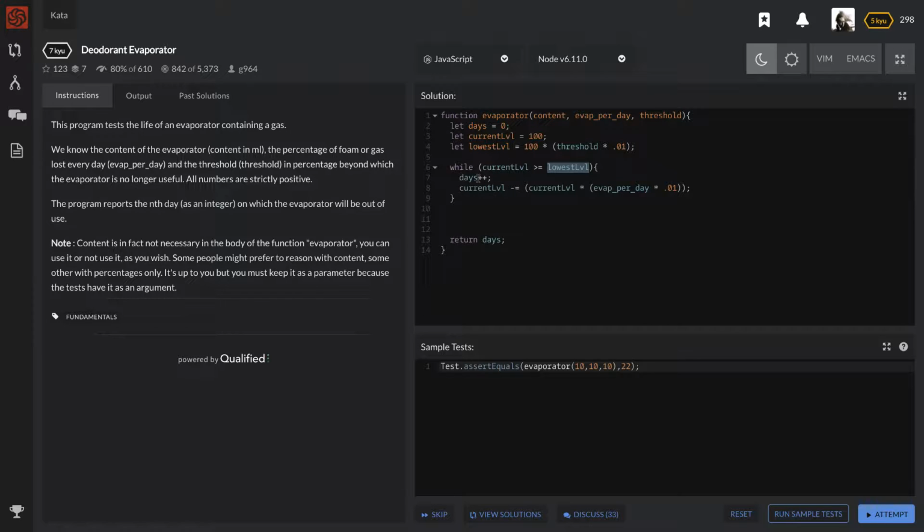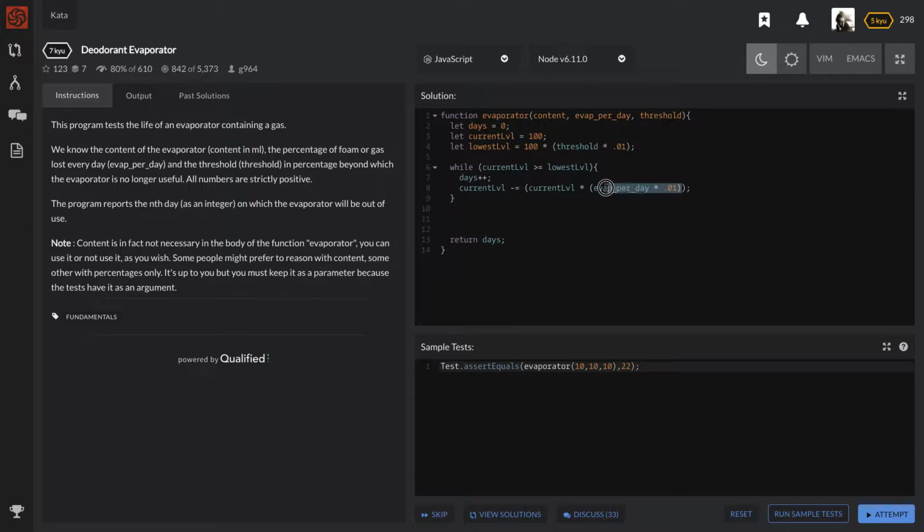And so every time the while loop rolls, another day has passed, and another percentage of the gas in the can evaporated. We calculate that by taking the current level, which starts at 100, and we take away evaporation per day.